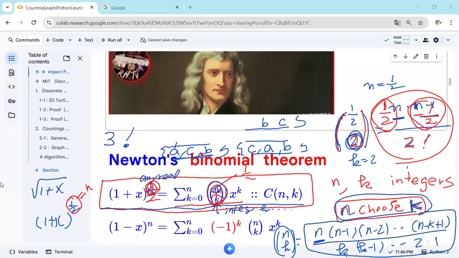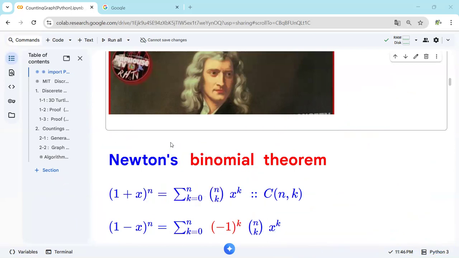And this is the key fact to open the door of modern calculus. It is a very fascinating, very interesting and very important historical discovery, okay? So this is Newton's discovery.